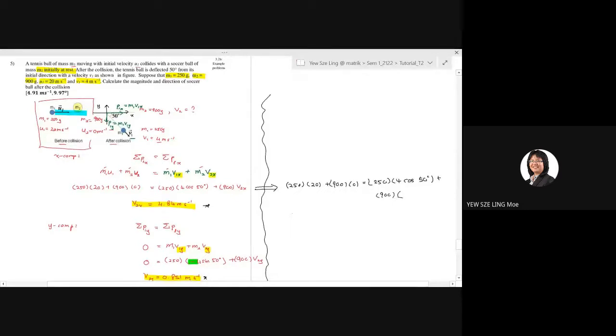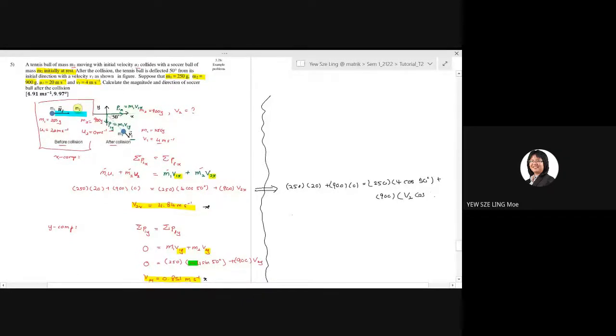Now V2x, sometimes students will write it as V2 cos theta 2.